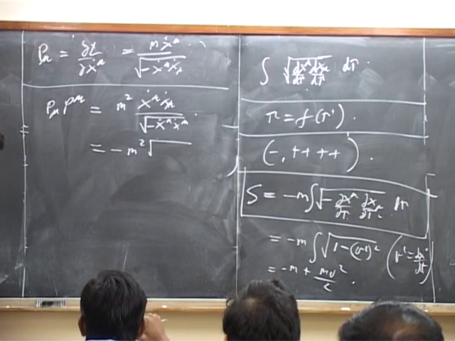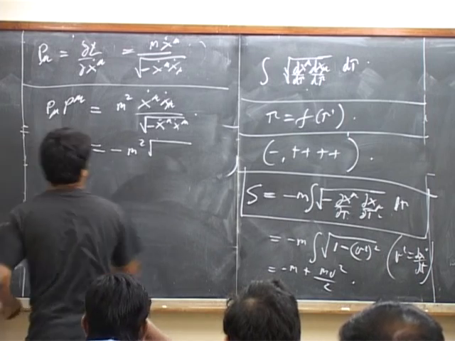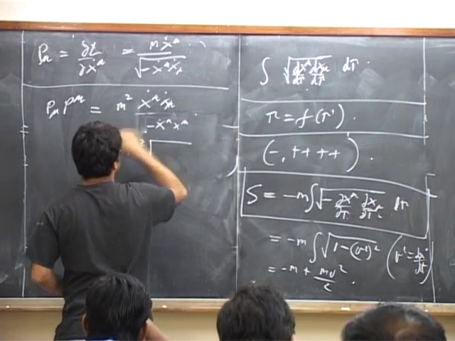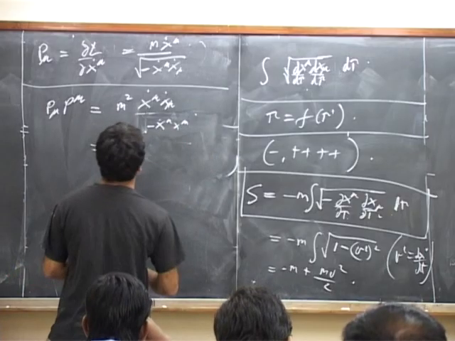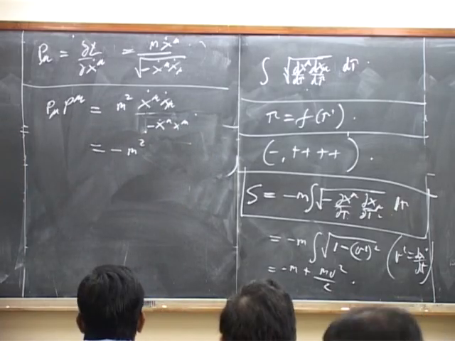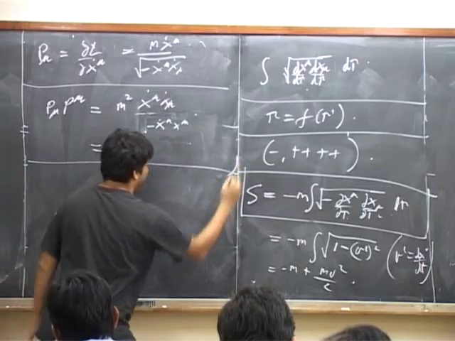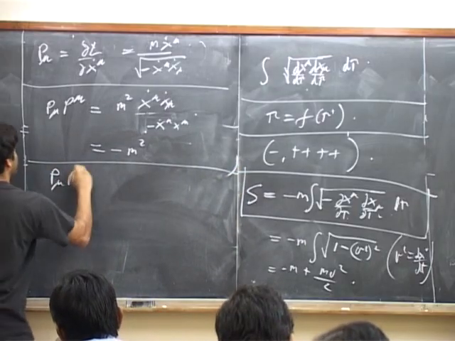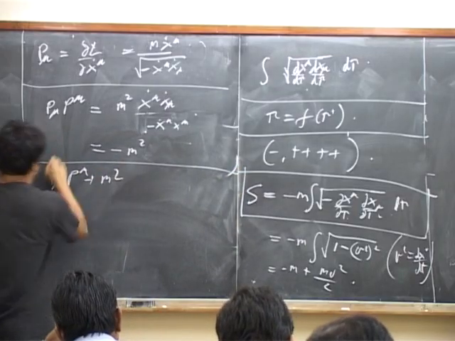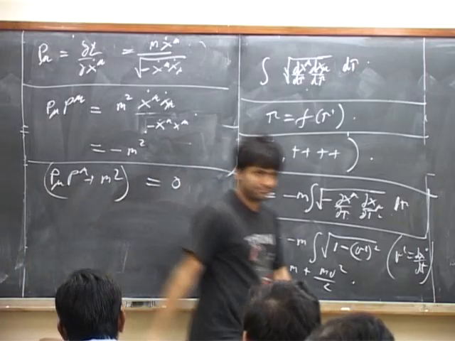Oh, thank you. Lovely. So we just get minus m squared. And therefore, we say that P mu P mu plus m squared is equal to 0.